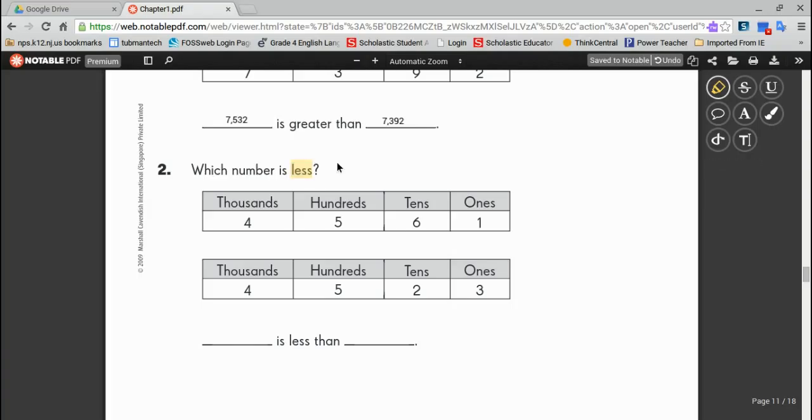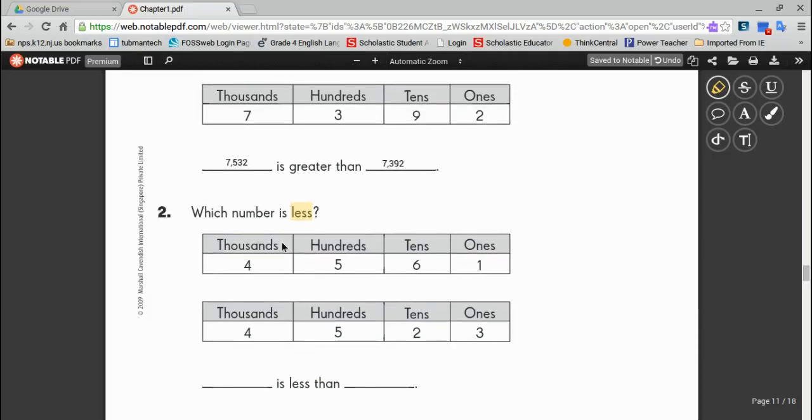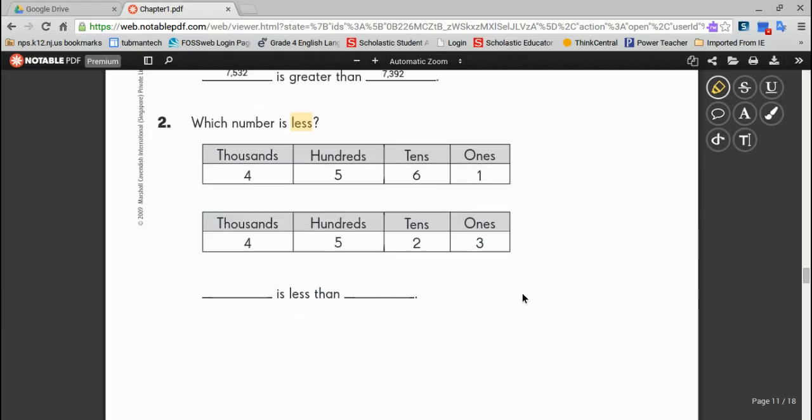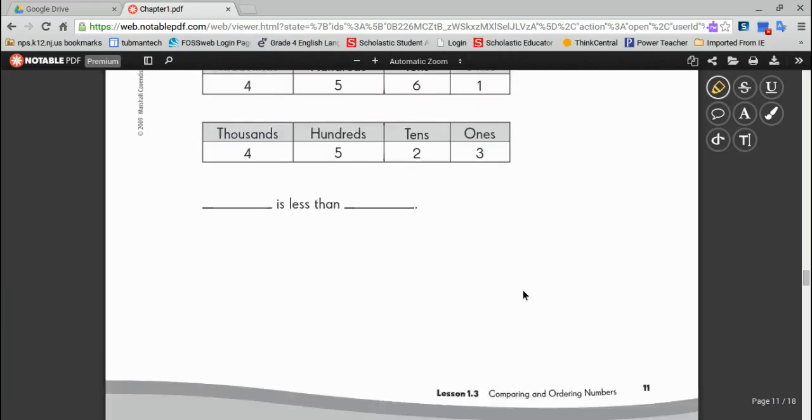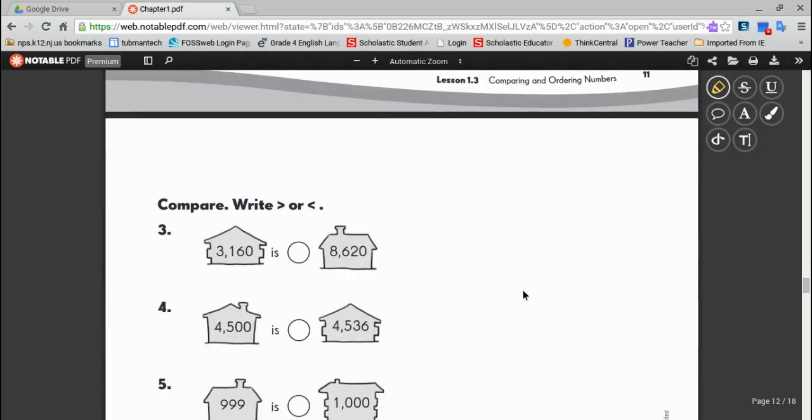So less, we know it's smaller. So as always, do the same thing. Look at the numbers, the thousands, the hundreds, the tens, and the ones, and figure out which number is less. Okay, so you guys can do number 2. Hit pause, do number 2, and when you come back, we will do number 3.